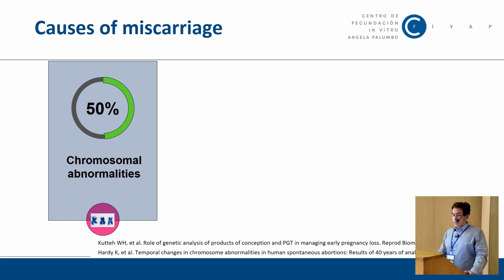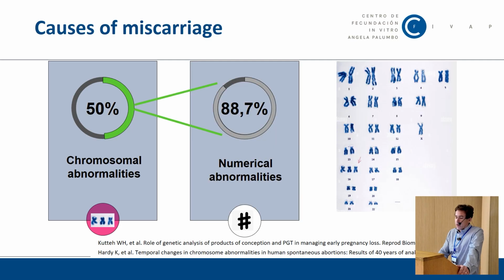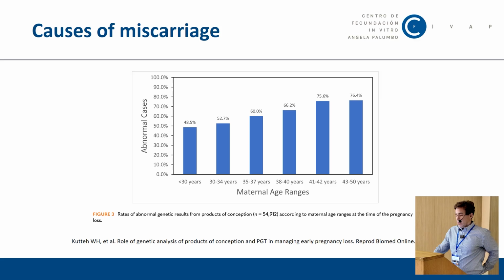We know that 50% of miscarriages will be caused by chromosomal abnormality, most commonly numerical abnormality in 89%: trisomy, monosomy, and polyploid embryos. And with age, this percentage of genetic causes is greater. Even at 41 to 44 years, around 75% of the causes will be genetic abnormalities.